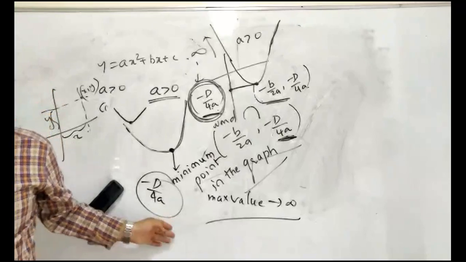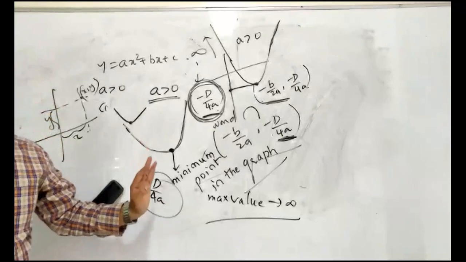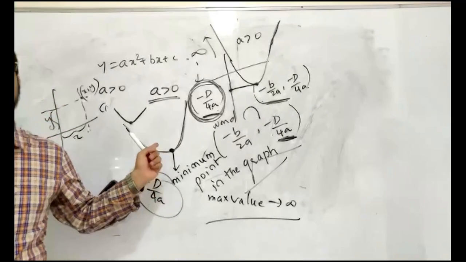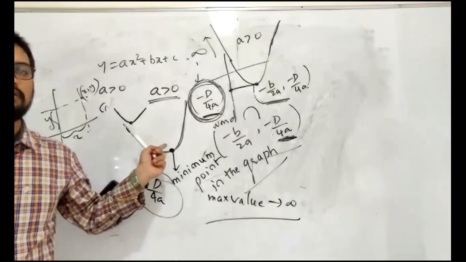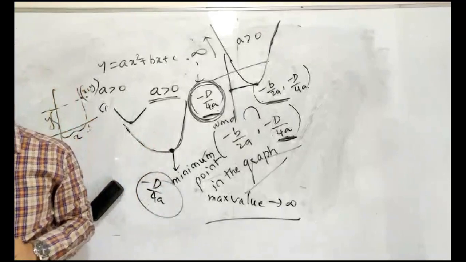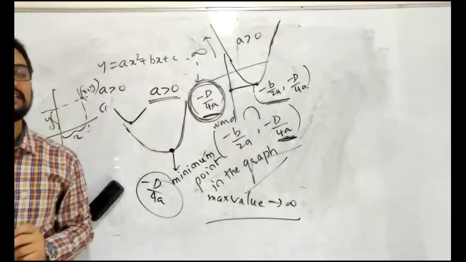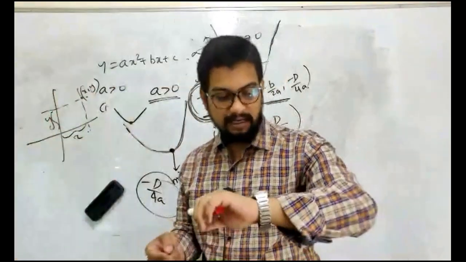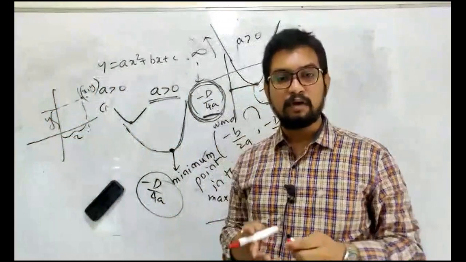Okay, next. What we have seen is the graph for a greater than 0. Now, for a less than 0, write down please. Make it fast, then we'll solve problems. At least 10 problems we'll solve.